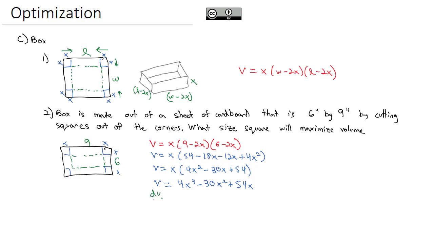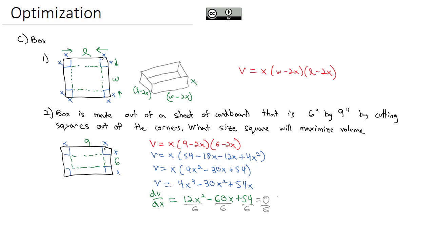We're going to take the derivative of the volume with respect to x to find our maximized volume. The derivative is 12x squared minus 60x plus 54. That's what we want to set equal to 0 in order to find our maximum point. To help out with the solving, it looks like I can divide everything by 6, just to get smaller numbers to work with.